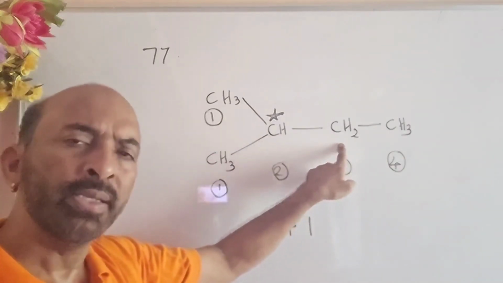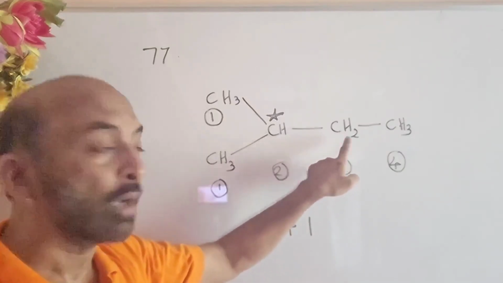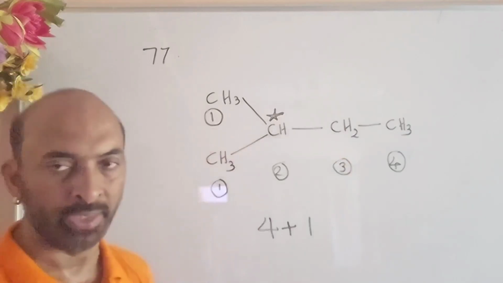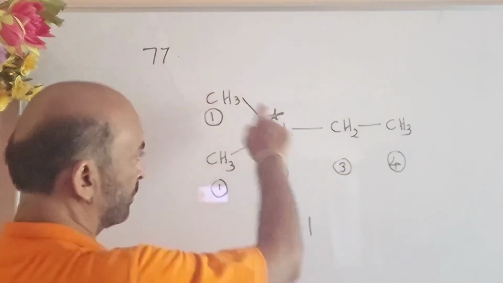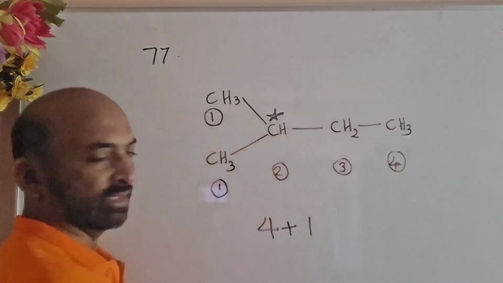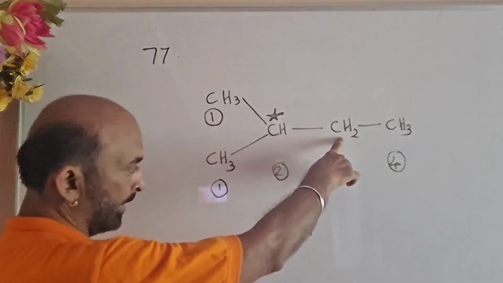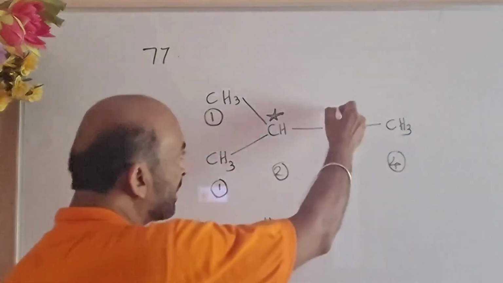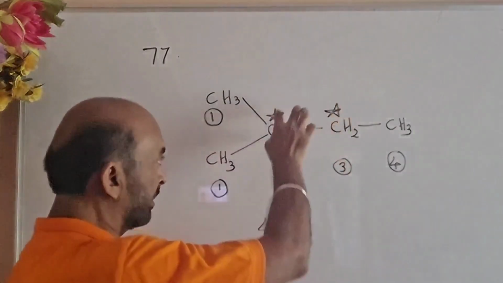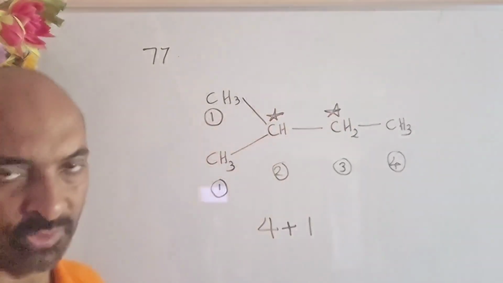Okay. Now think about this carbon. If you replace one hydrogen here by chlorine, what happened? All the four groups or attachments on that carbon happen to be different. What are they? One is an isopropyl group, another is an H, another is a Cl, and another is a CH3. All the four groups are different now. If you replace one of the hydrogens with a chlorine here, this carbon would turn optically active.